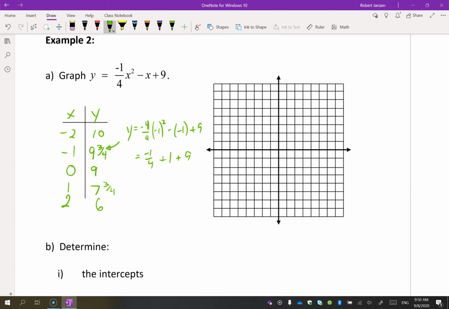Now if you notice those points, I'll quickly plot them here. -2, 10, 9 3/4, 9, 7 3/4 is going to be about here. And then 6. You can see I don't have a turning point of the graph.